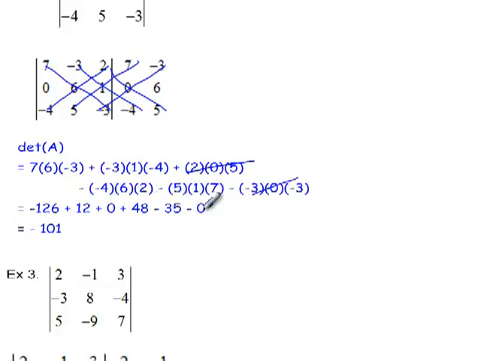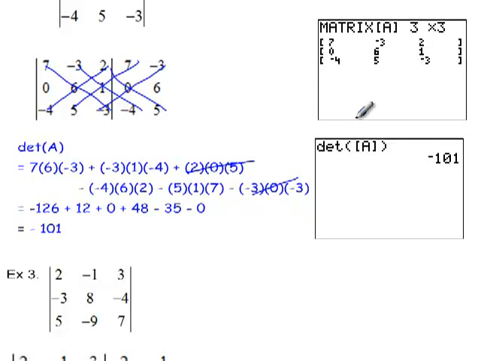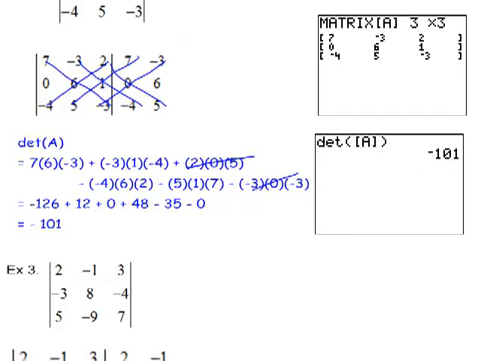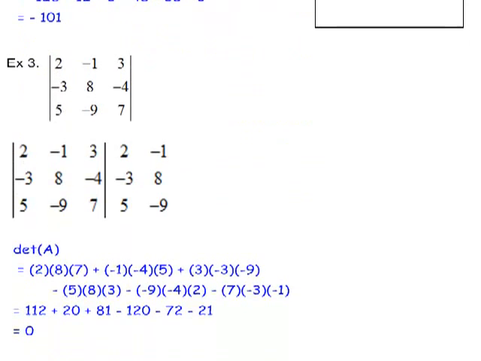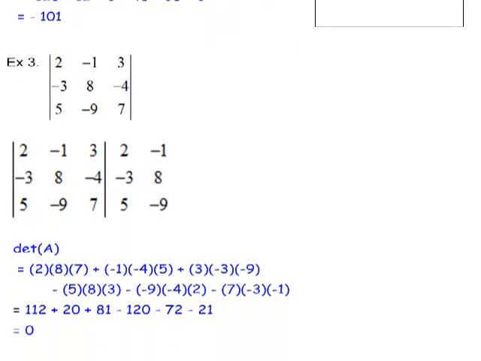Minus 35 minus 0. So the answer is negative 101. Again, I did the screenshot of the calculator, put in the matrix, and the determinant is negative 101.